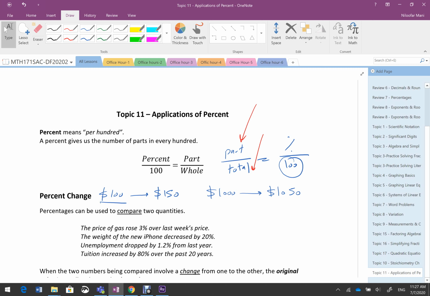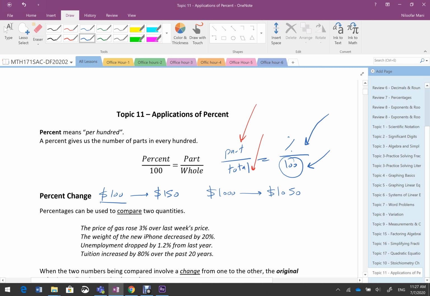If I say, for example, 30%, this percentage goes here and 100 goes here. I can have 100 up and percentage down, but it doesn't look good, so it's an agreement between us that we always use percentage up and 100 down. And then the other side, part over total.